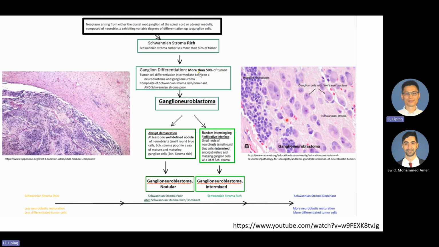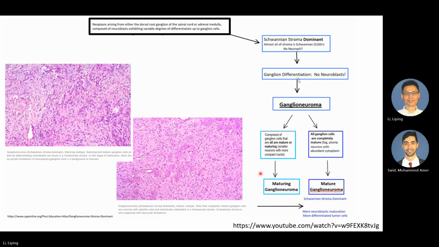And if the ganglion cells, Schwannian stroma, and neuroblasts are intermixed together, that is Ganglioneuroblastoma intermixed type. And the last one, we have more than 50% of Schwannian stroma and these mature ganglion cells, and no neuroblasts. That is our benign entity, Ganglioneuroma.